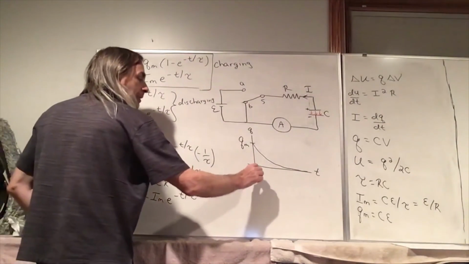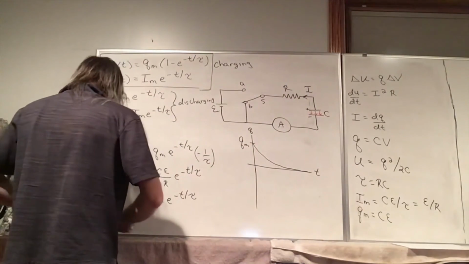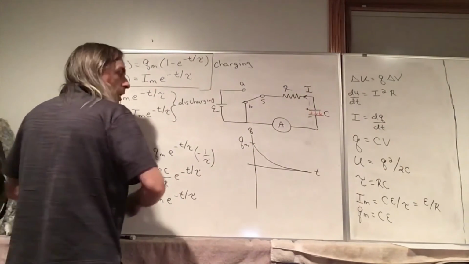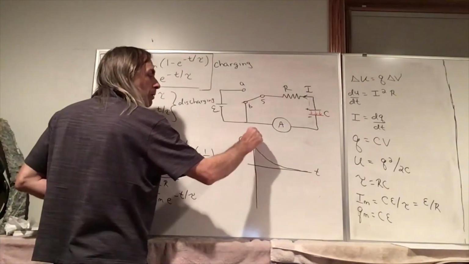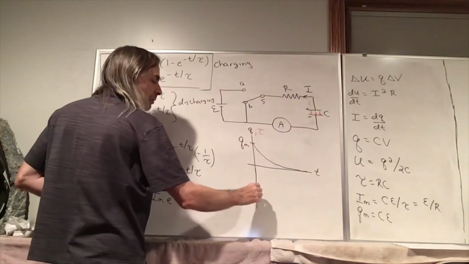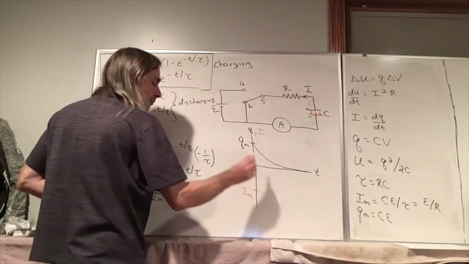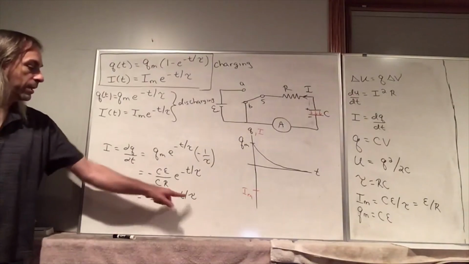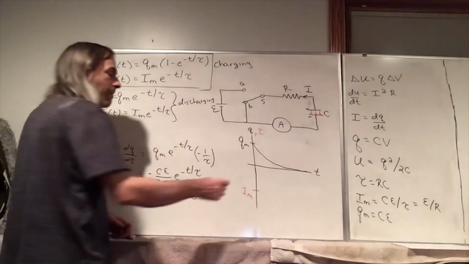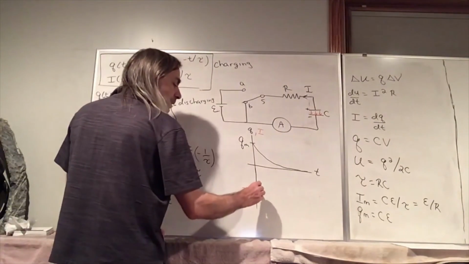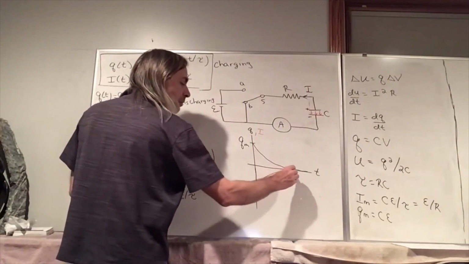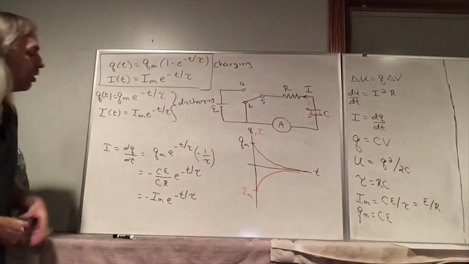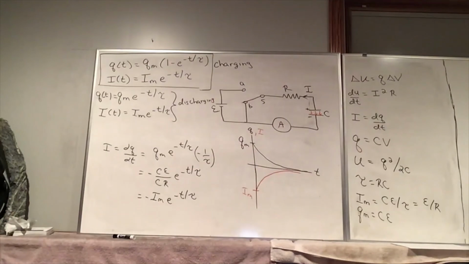So let's plot, here, we'll use red, that'll show up. So at t equals 0, this exponential term is just 1. e to the 0 is 1. So we're at maximum I max, and then it goes to 0 as t goes to infinity. But again, after about 3 time constants, we're basically there.